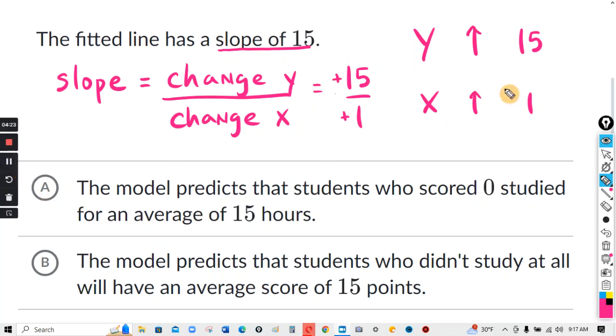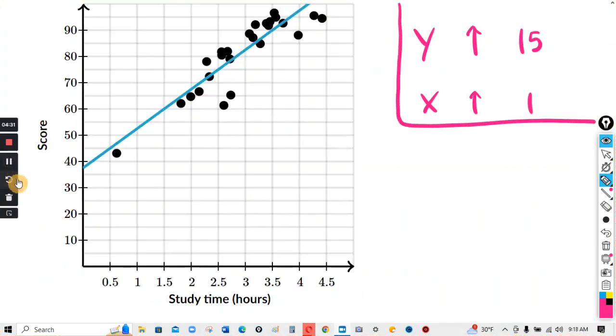Now we want to look at the graph and see what x and y actually represent. We can see from the graph the study time is going to be the x, and the score is going to be the y. So y is the score.